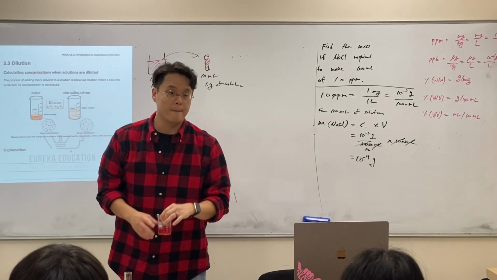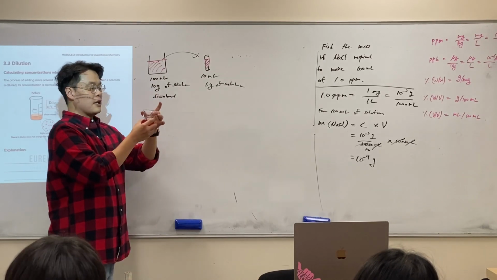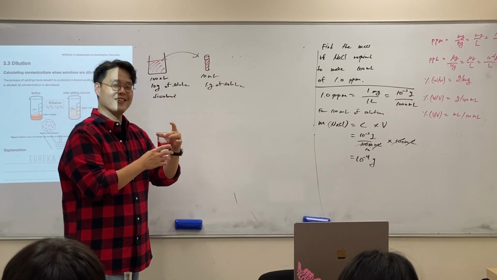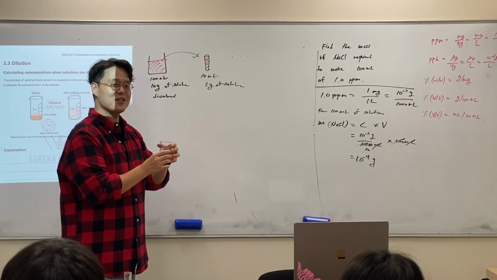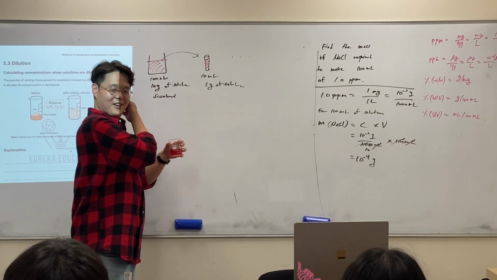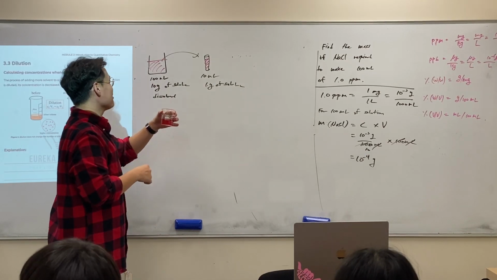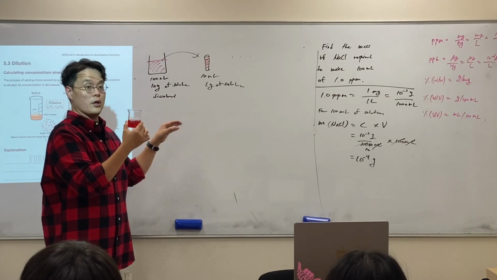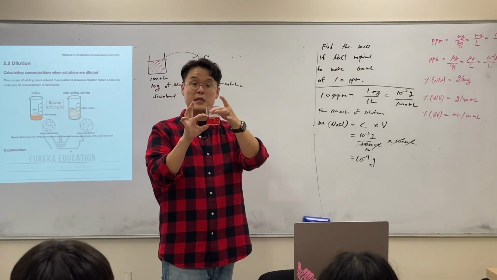So again, here inside of this 100 mils of water, okay, 100 mils of the solution I have in here, say that we have a 10 gram solute. So you see the vitamin C dissolved inside here.